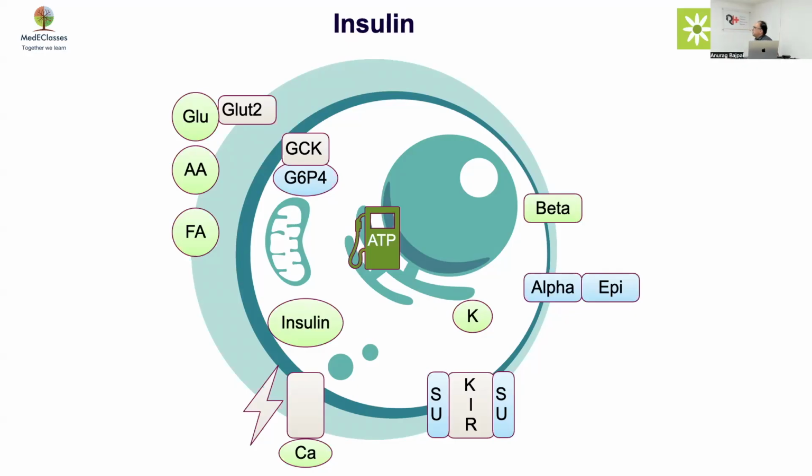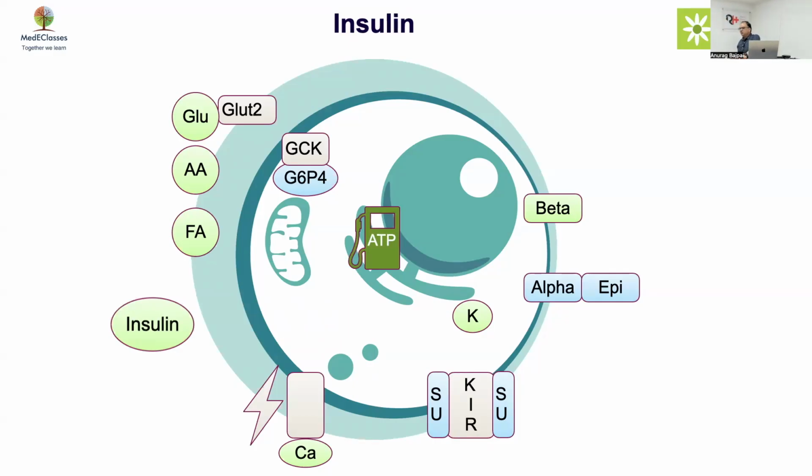Now, this basically can come via the glucokinase, GLUT2 pathway, the amino acid, and the fatty acid, the DDH pathway in that regard. So this ATP is going to act on the potassium channel, which has got the two subunits, the potassium subunit and the sulfonylurea subunit, to cause insulin secretion. So if you have a problem there, you may secrete more insulin, causing hyperinsulinemic hypoglycemia.